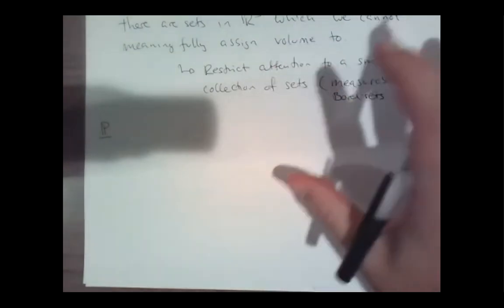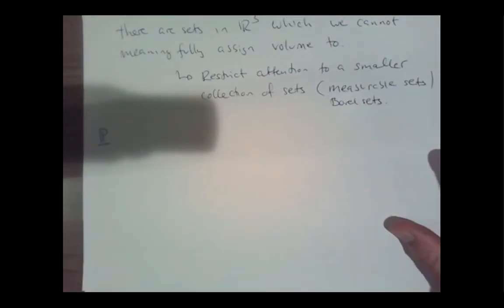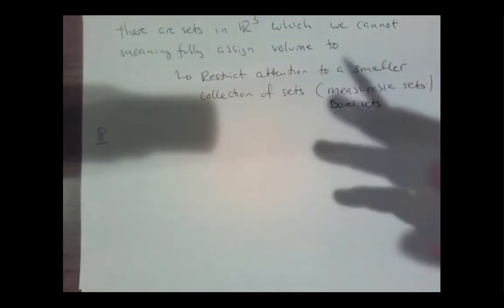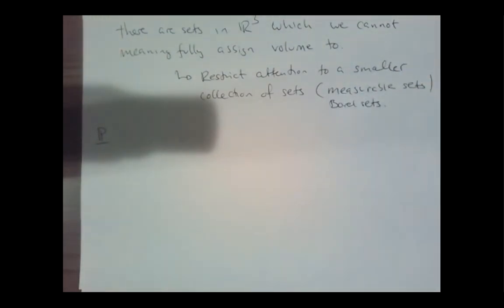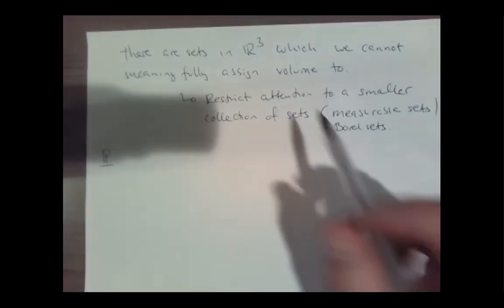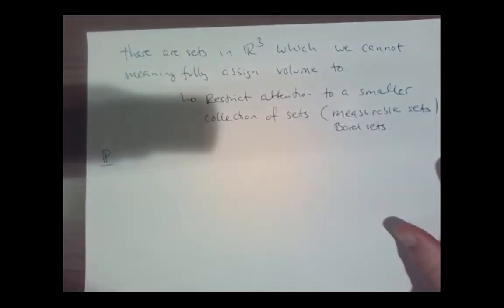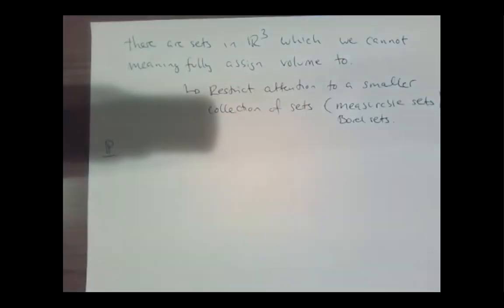I'm not meaning to say that this is something that is easy to create. I'm trying to give you an idea about why we're going through the motion of talking about sigma algebras. If we were just to look at all possible subsets of something like R3, we get way too many sets.